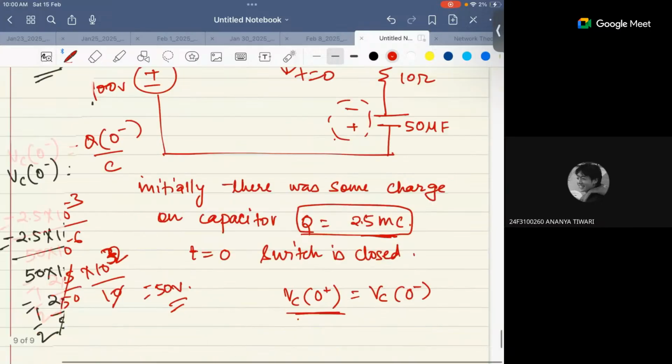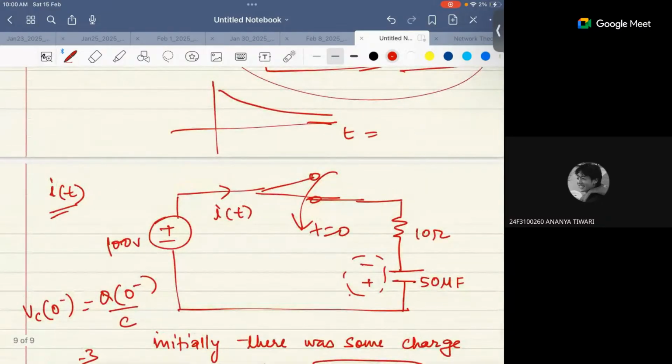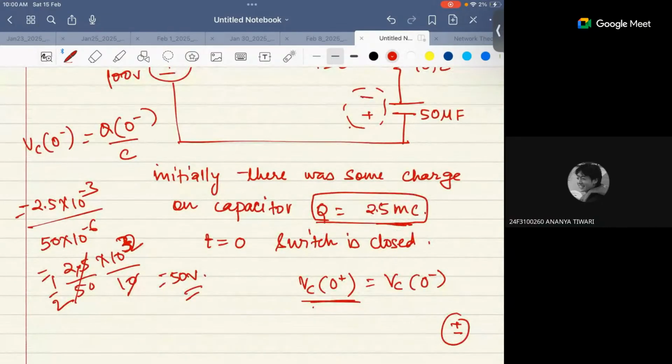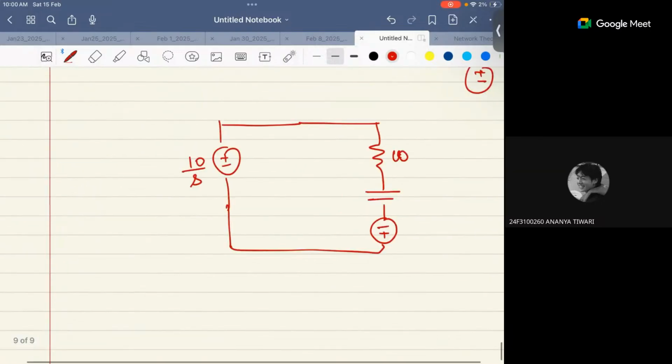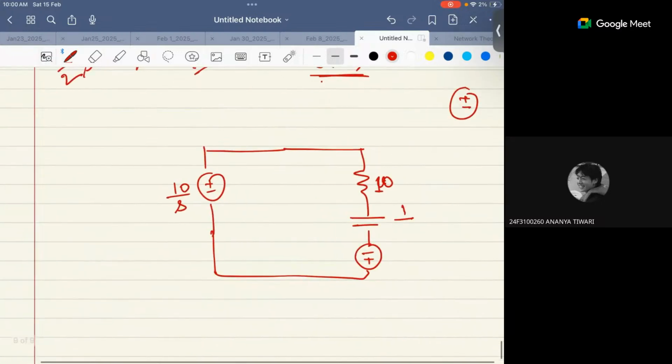In the normal condition you would have plus minus, but here it depends on the polarity of the capacitor, which was given as minus plus with the charge of 2.5 millicoulomb. So this will be 10, and 1 upon Cs, where C is 50 microfarad, so 50 into 10 to the power minus 6 s, and the source here is 50 upon s.